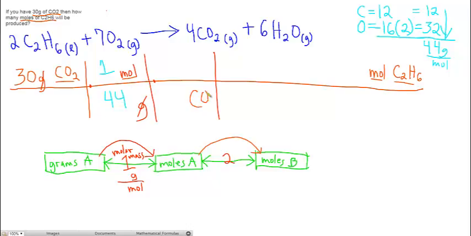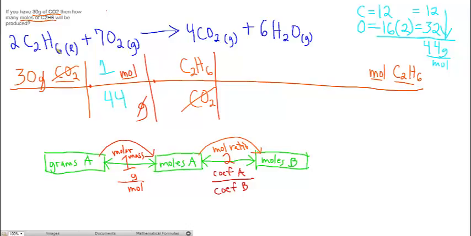Therefore, we're going to cross out CO2 by putting it on the bottom and put C2H6 on top. Where do we get the numbers for these? The numbers are in the chemical equation because this is the mole ratio, or what they say, the coefficient of A divided by the coefficient of B, or vice versa.